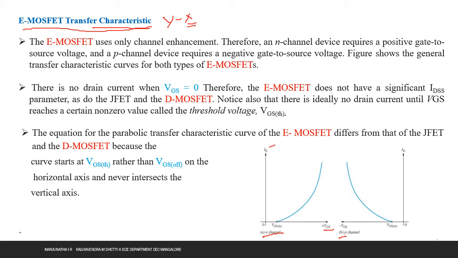Figure B is for P channel, where we have negative VGS, so we have drawn a negative x-axis, and along the positive y-axis we have the same thing, ID.